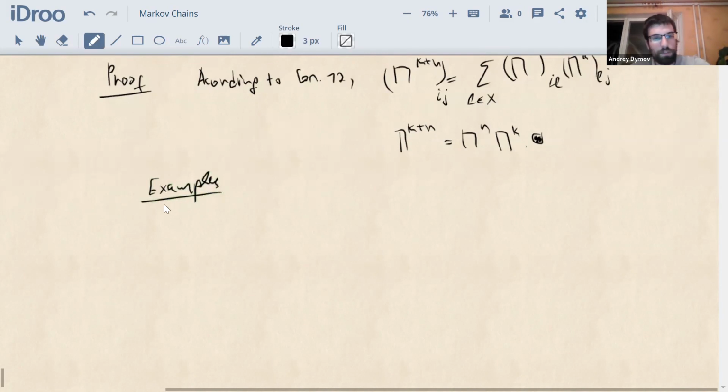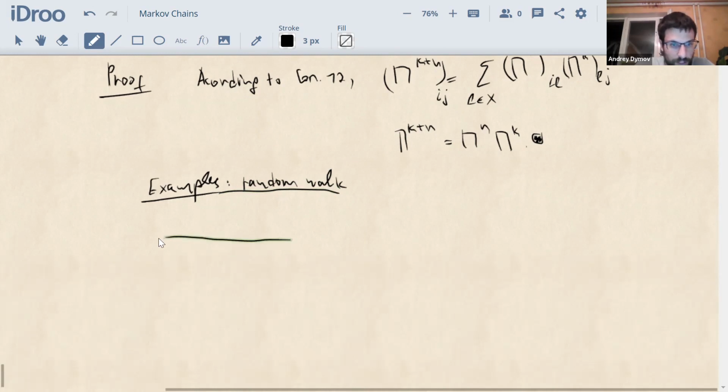So the first example is random walk. What is a random walk? The simplest version of random walk is the following system.